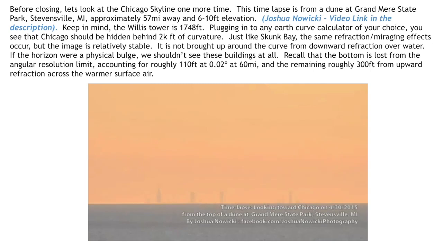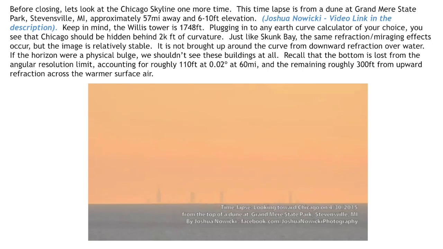If you plug it into any earth curve calculator of your choice, all the buildings of Chicago should be hidden behind 2,000 feet worth of physical curvature. You should not be able to see them. Just like the Skunk Bay footage, the same refraction and miraging effects occur, but again, the image is relatively stable, as if you were just seeing it through wavy water, not that you are bringing this entire amount of imagery up behind a curve, nor that it is compressing and moving back down again at that rate.